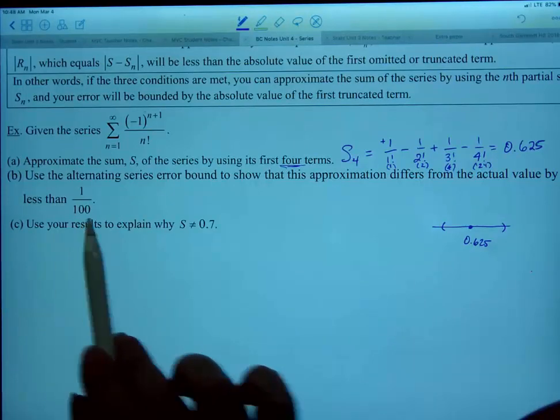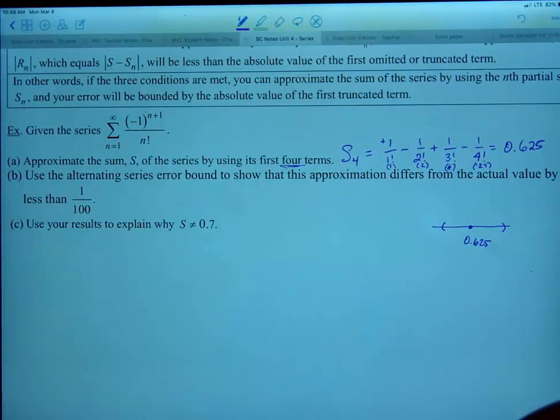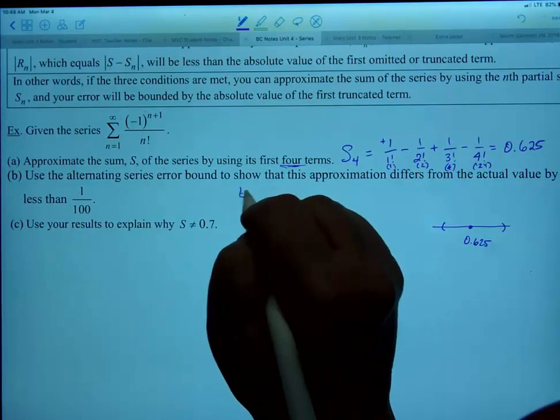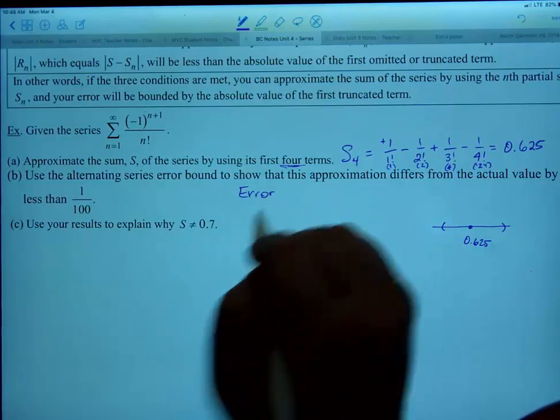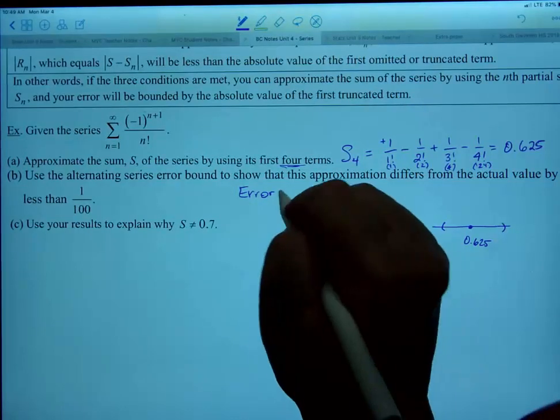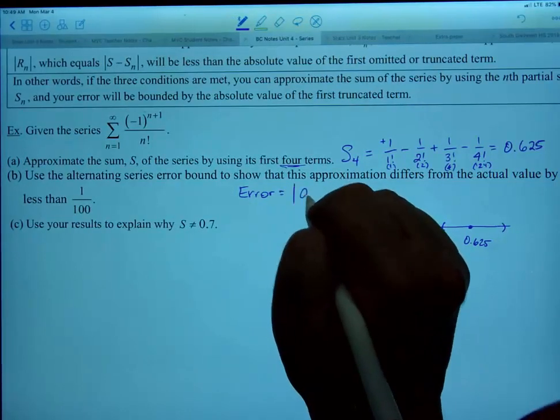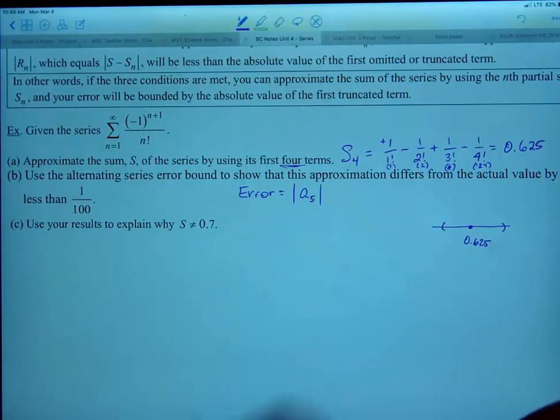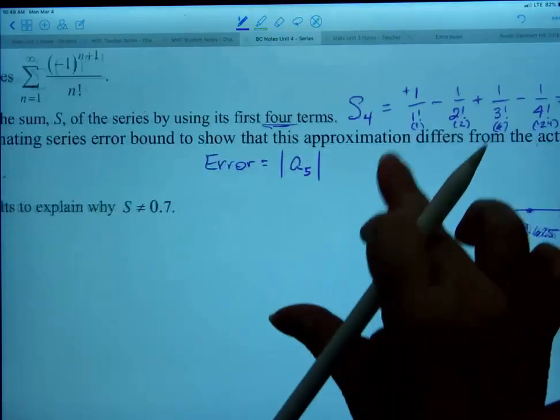Okay? Now, the one thing we talked about last class is the error is calculated by the term after the one where you stopped. The next term in the sequence. The error is the absolute value for this situation of the 5th term. We stopped after the 4th, so the error is the 5th. And the error is how wide my window is in either direction. Okay?